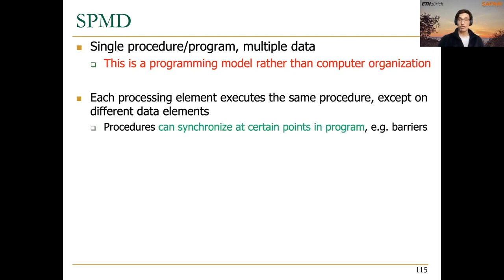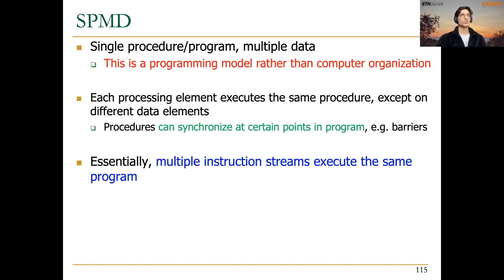And we have multiple threads, or if you want to call them procedures, and these different threads can also communicate. Don't think that they are completely independent of each other. They can use barriers to synchronize. If you take a look at the GPU programming lectures, you will understand how to use these barriers.